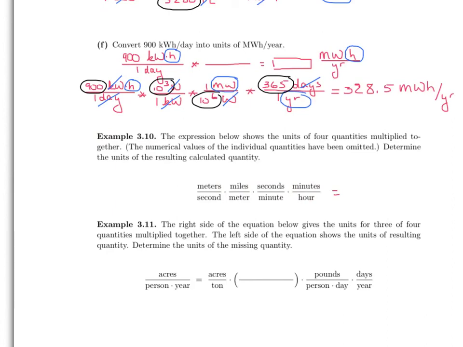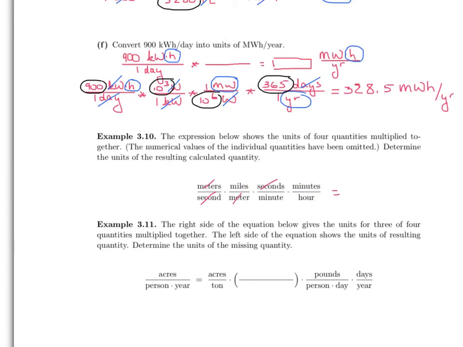Well, this is where treating units as though they were numerical factors is helpful. We can cancel units that are common to numerators and denominators, thus simplifying the units. If we look at the units in these 4 quantities, we can see that seconds appears in the numerator and denominator, and therefore we should be able to cancel it.